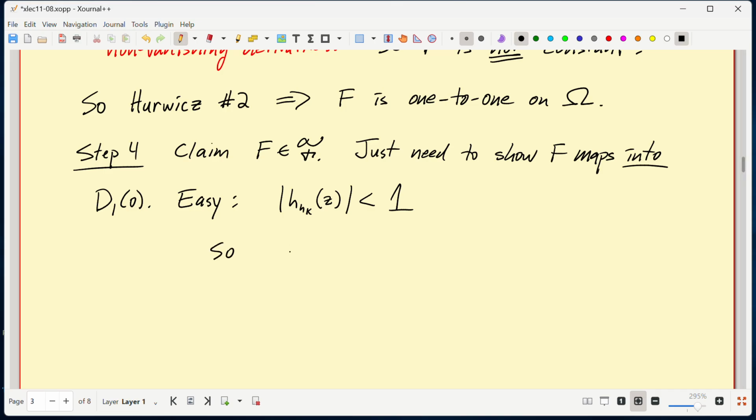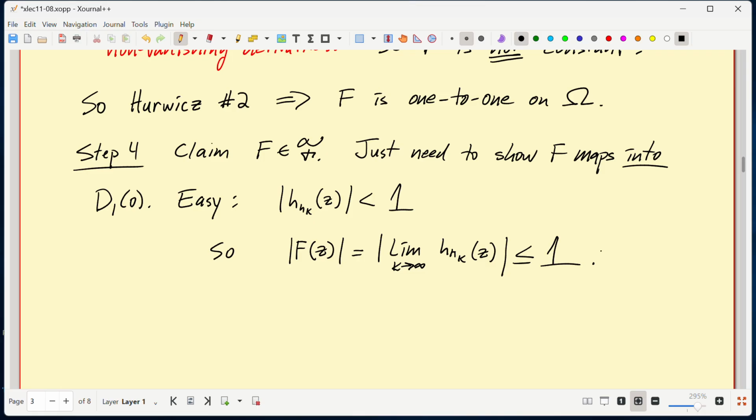So F is the limit. F of z is equal to the limit of those things, HNK of z. Those are all less than 1, so the limit is going to be less than or equal to 1.